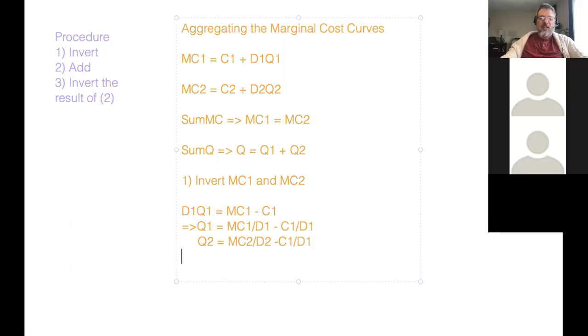And then our step two was to add the result. So here we're going to end up with Q1 plus Q2 is equal to, well, I'll go ahead and just write everything out.